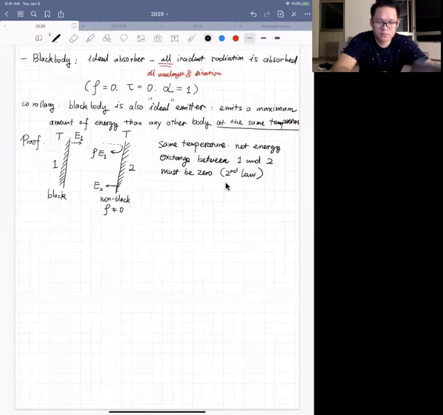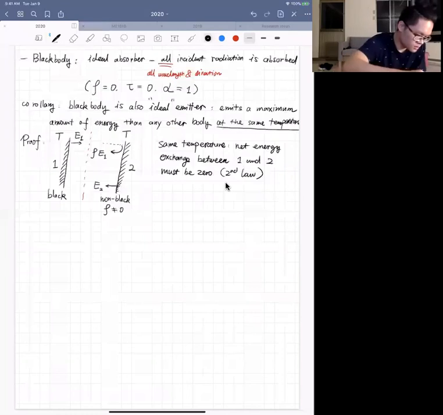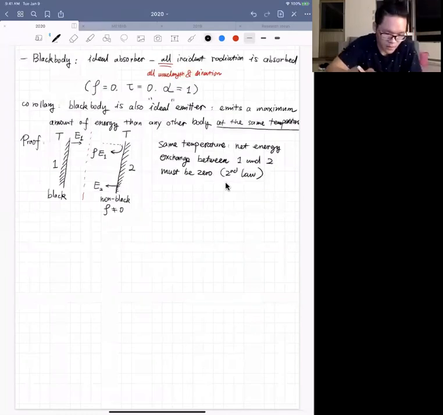So this means if you draw any fictional interface in between, you just count how much energy goes from left to right and how much goes from right to left. Then you must have E1 equals rho E1 plus E2, because E1 is the only thing that goes from right to left. There's no reflection from the black surface.